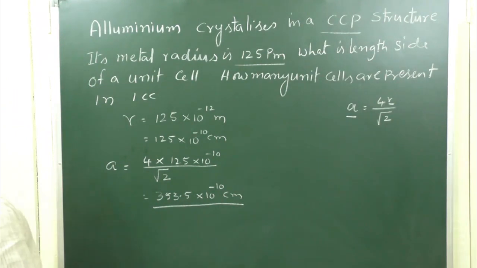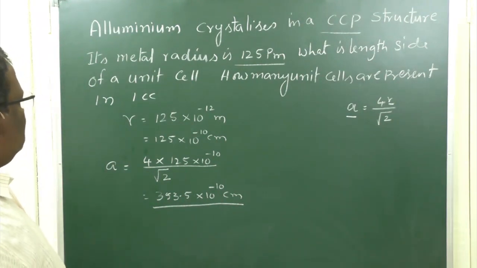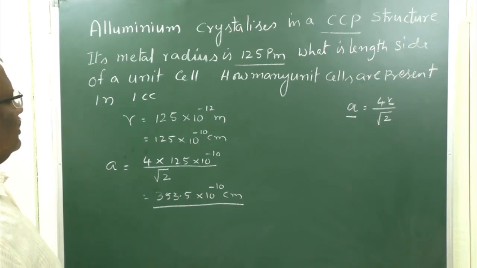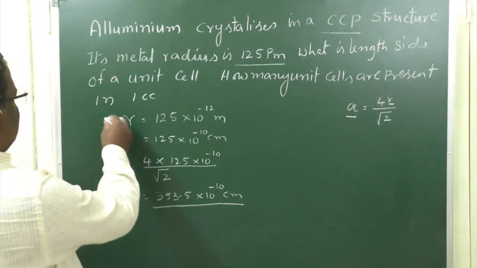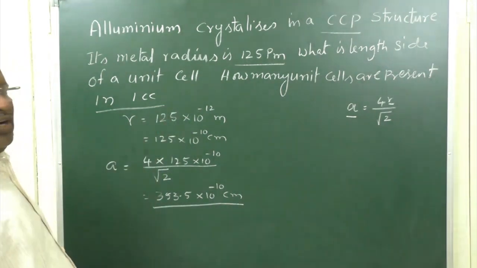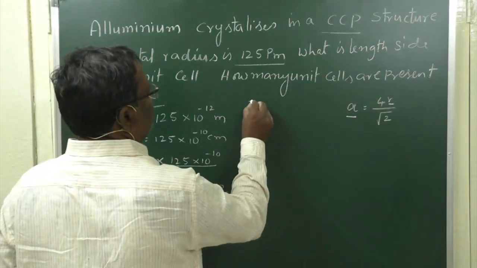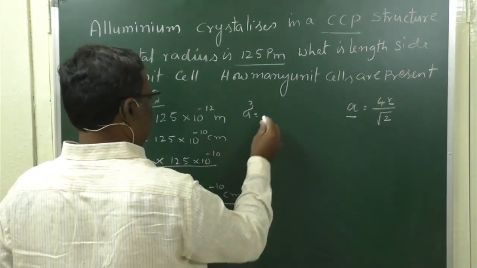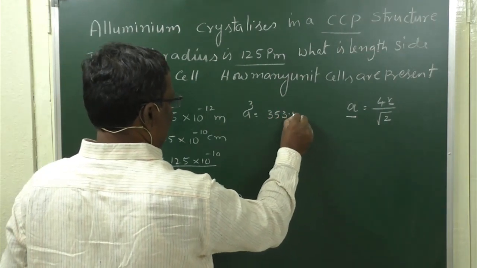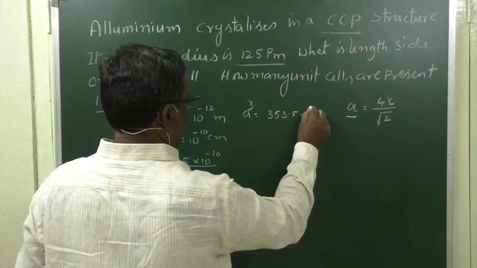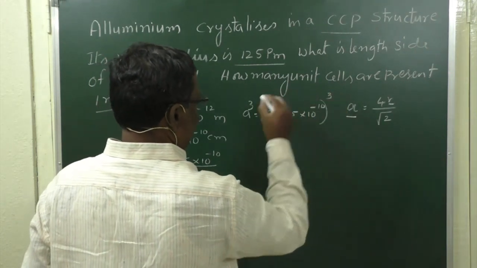This is A. Now, to find out the number of unit cells in 1 cc, we require the volume of the cube. Volume of the cube is A cube. So, A cube is equal to 353.5 into 10 to the power minus 10 whole cube.